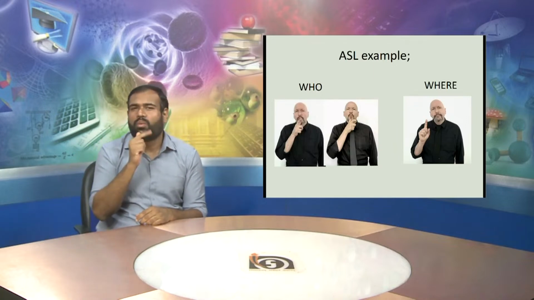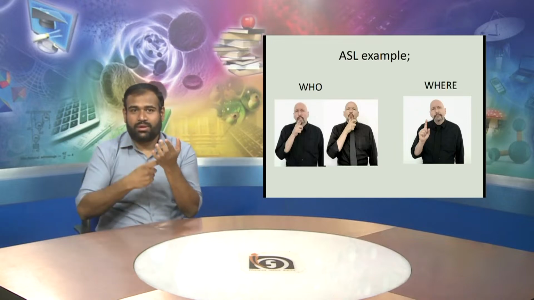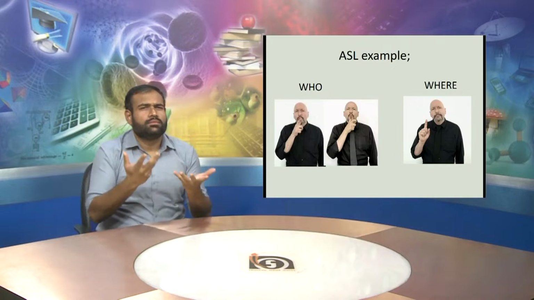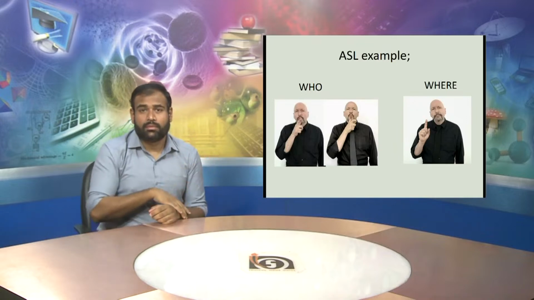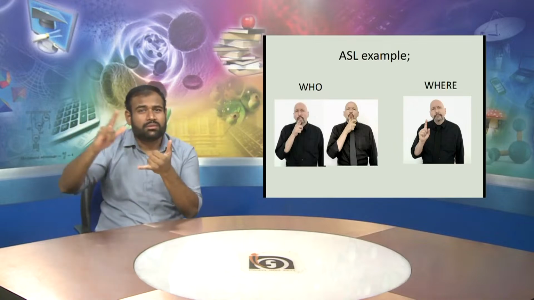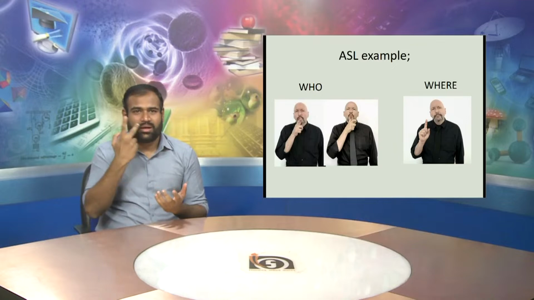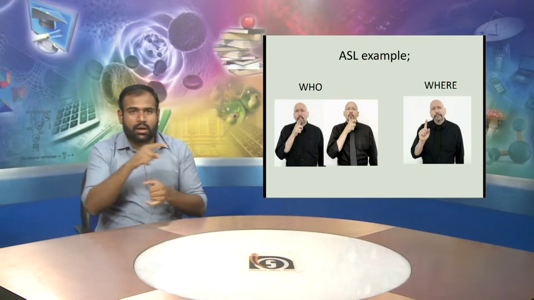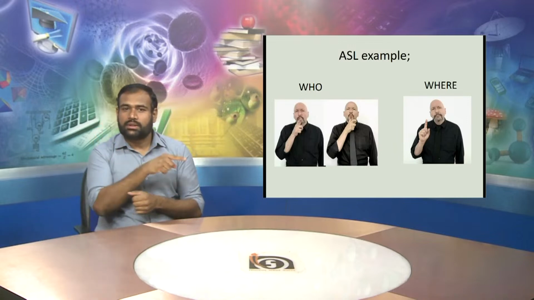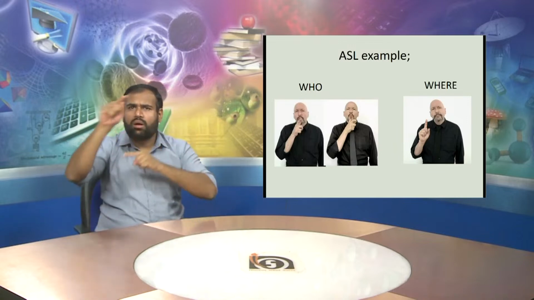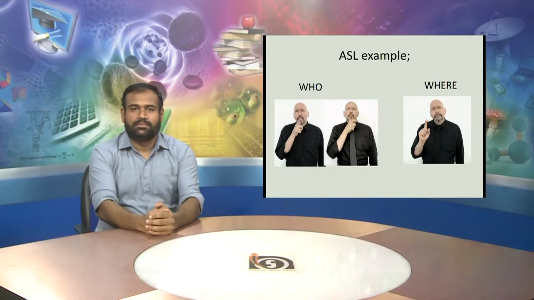This is American Sign Language for where. This is Indian Sign Language. We are talking about where. So ISL and ASL are two different sign languages. In American Sign Language, it has one sign, but in Indian Sign Language, we have two signs for where.